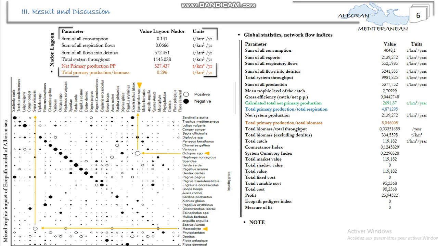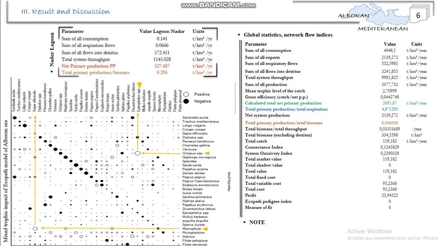Also, the index of primary production on biomass showed that our ecosystem was in an immature state, which means it's still in the development phase. Which is logical because of the geographic position of the Alboran Sea. It is always in exchange with fresh water, which is the factor that makes it high in biodiversity.